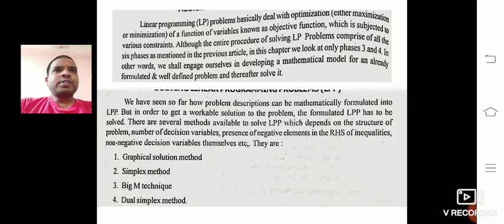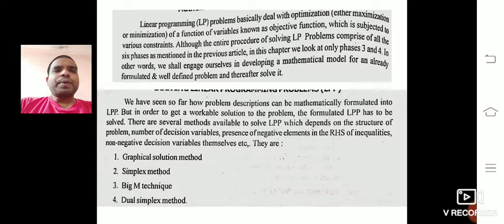As you know, a linear programming problem is also one of the operational research techniques. It deals with the optimization, either maximization or minimization, of a function of variables known as the objective function, which is subjected to various constraints.